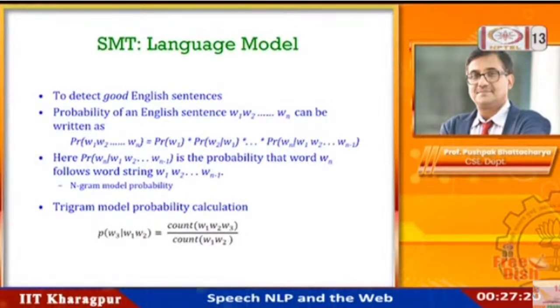So the 4th morpheme is predicted based on the previous 3 morphemes. So Jyotsna, can you please put this also in the slide? Here the language model for morphologically strong languages depends on the language model of morphemes, not really words. And the trigram probability is computed as count of W1, W2, W3 divided by count of W1 and W2.